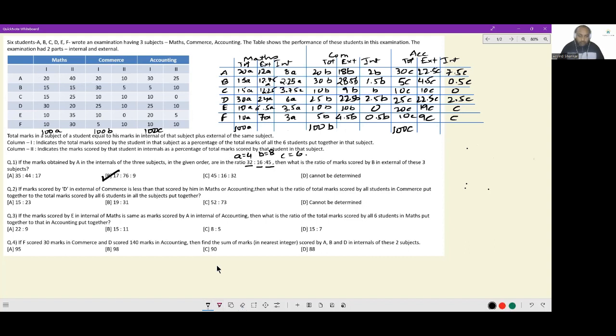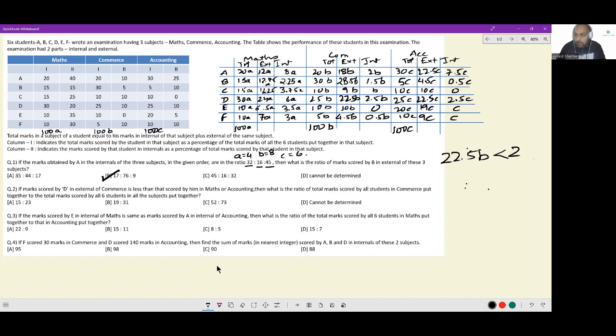Second thing now. If marks scored by D in external of commerce is less than that scored by him in maths or accounting. External in commerce for B is 22.5B. This is less than marks scored by D in external of commerce is less than the marks scored by him in maths or accounting.